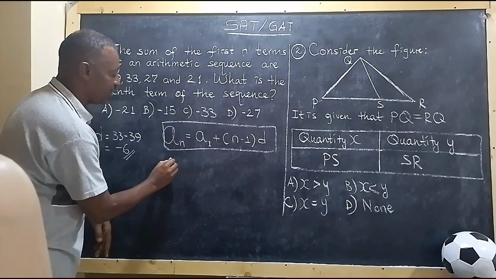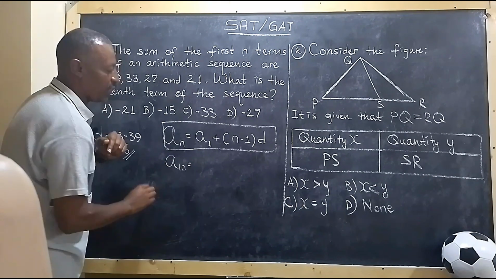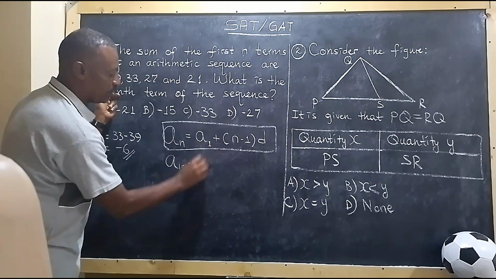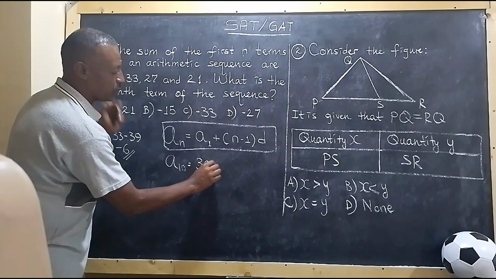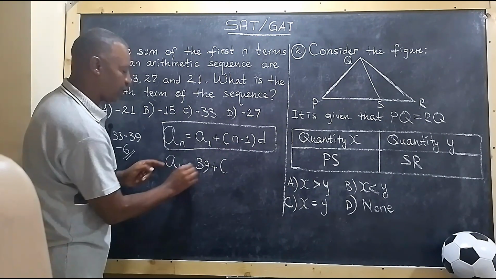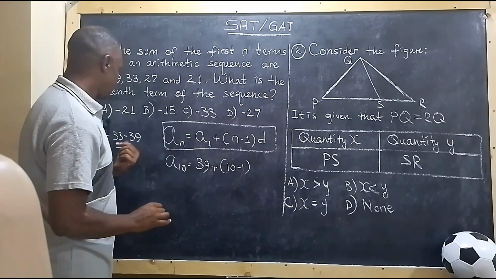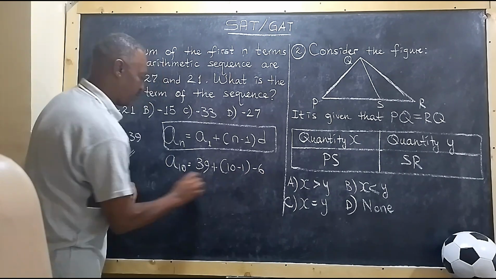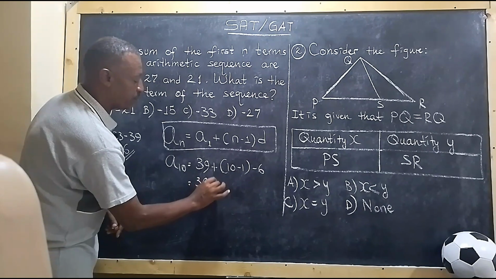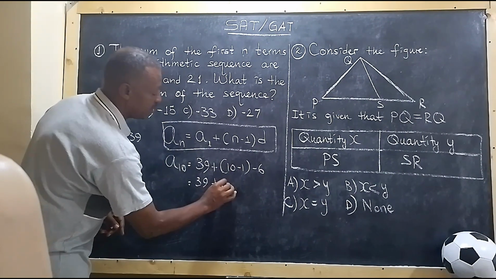So a_n, which is the tenth term, means the first term, a_1, which is 39, plus n minus 1, which is 10 minus 1, times d, which as I told you is minus 6. So we find 39 plus 10 minus 1, which is 9.